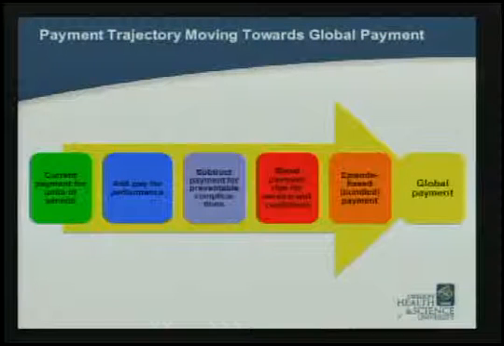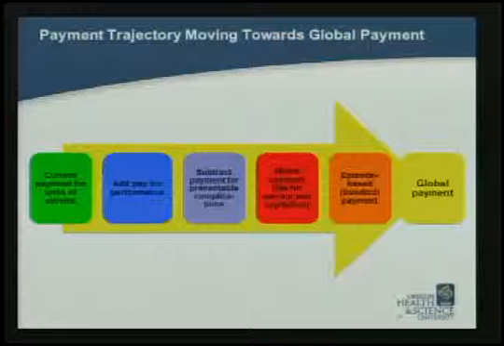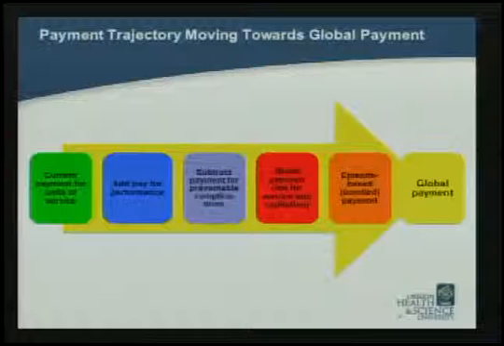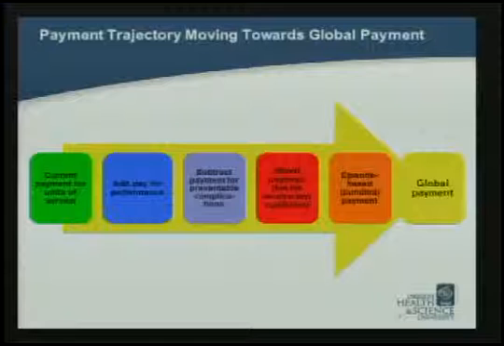So this graphic describes different ways in which we could conceivably think about spending on healthcare. Currently we find ourselves in this green box, where you have some unit of service and you're reimbursed for that unit of service.